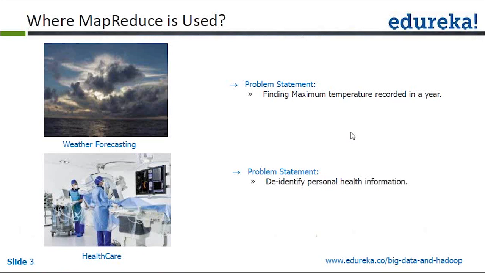This paper described a programming model and an implementation for processing and generating large data sets. The nature of Google's business was such that they had to write crawlers and get the right kind of search to the end user.